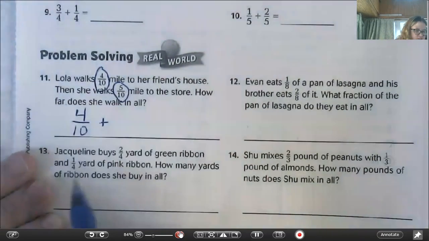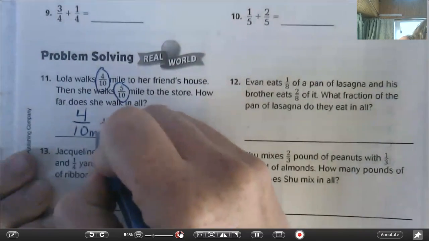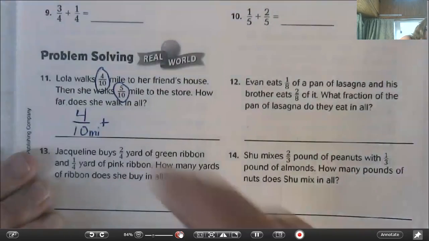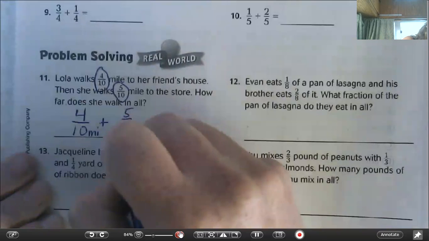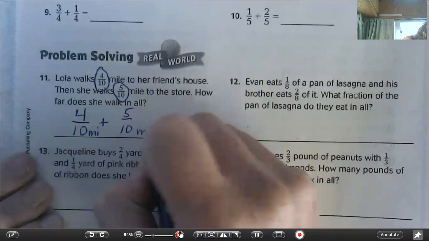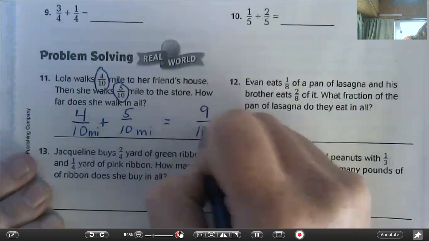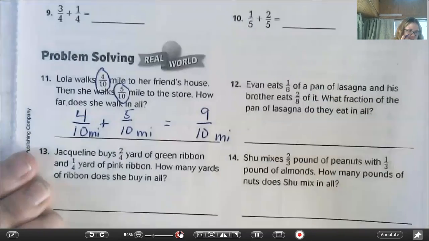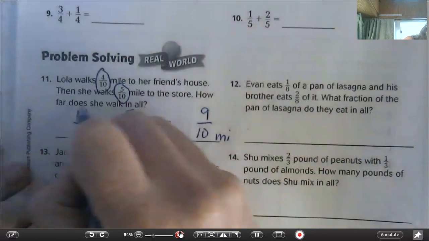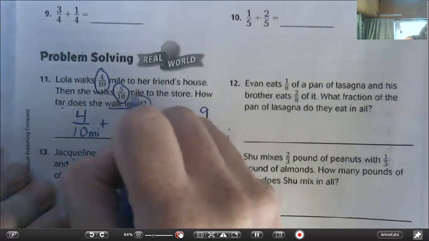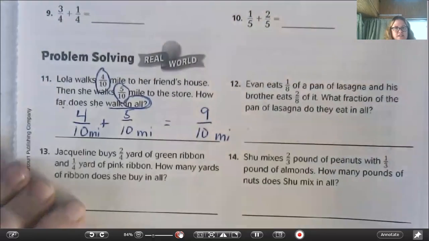So 4/10 of a mile. Remember, we have to label it. So there's my mile, plus 5/10 of a mile equals 9/10 of a mile. Now, how do I know I was adding? Remember, how far does she walk in all? There are my clue words, in all.